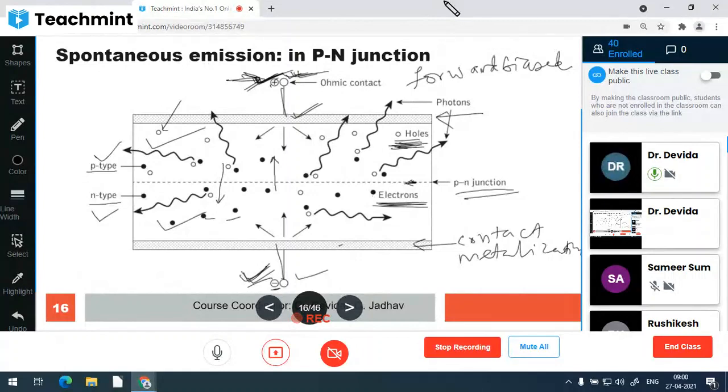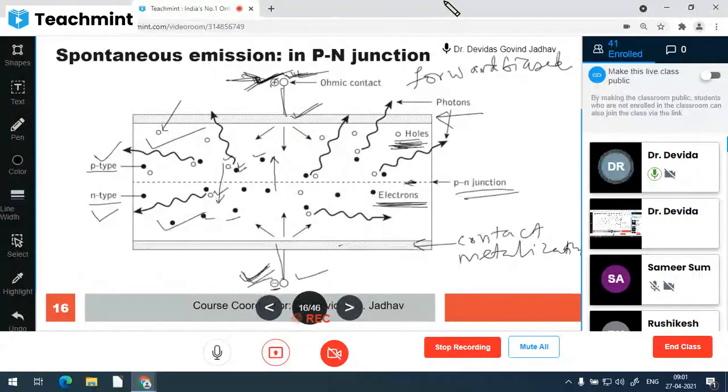As a large number of electrons go into the P region and a large number of holes go into the N region, the already available holes in the P region and these electrons get recombined. Again, the holes come into the N region and recombine with the already available electrons.